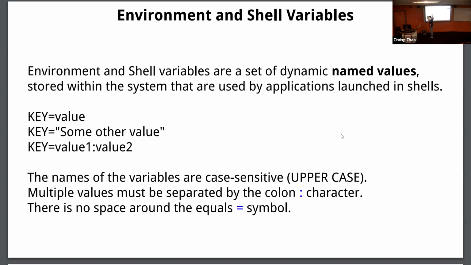Every environment variable is actually a string. The string has three parts: the name, the equal sign, and the value. The names of those variables are case sensitive. Usually we use uppercase, but it's actually case sensitive. And multiple values must be separated by the colon character.